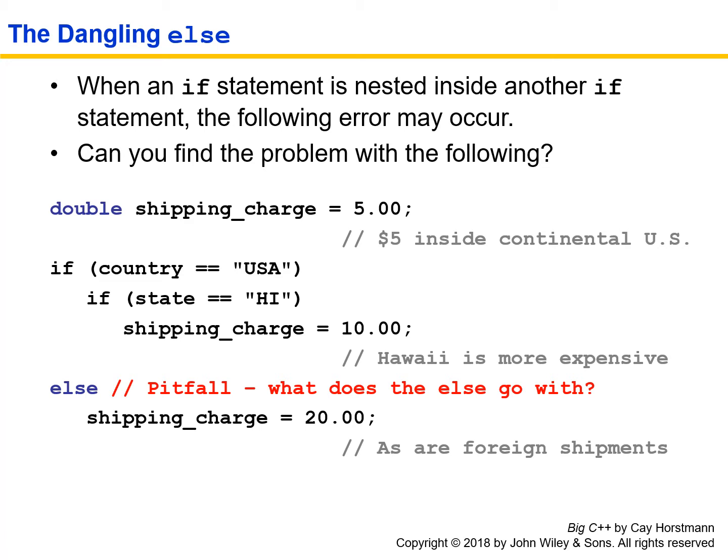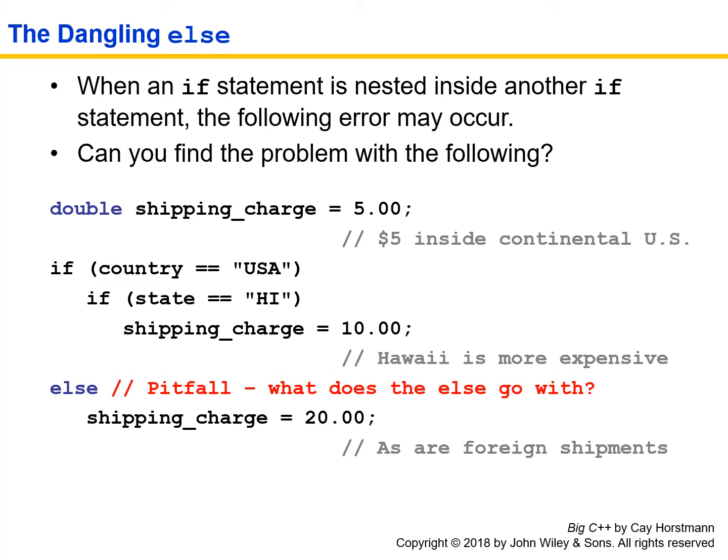Okay, back to content. There's a problem that arises in some languages like C++ where your else does not always line up with the if that it's going with, or it's not always easy to tell which else goes with what if. If you imagine, for example, we're trying to calculate shipping charges for a package.